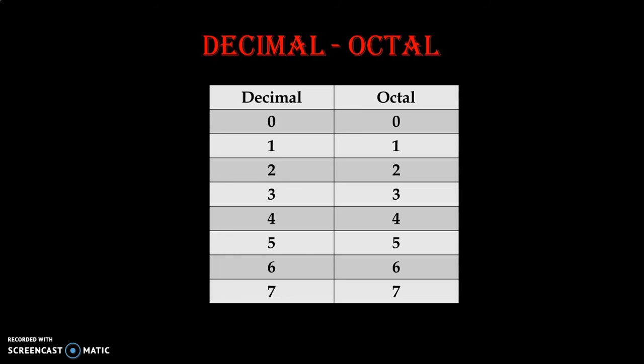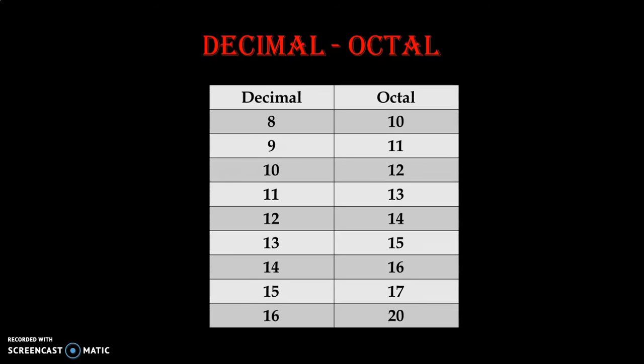So if we compare decimal with octal, 0 to 7 is similar, but in a single digit in octal we can go up to 7 only. If we want to go beyond 7, we have to go for a 2-digit value.